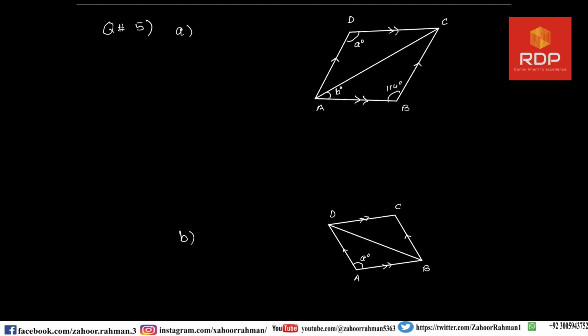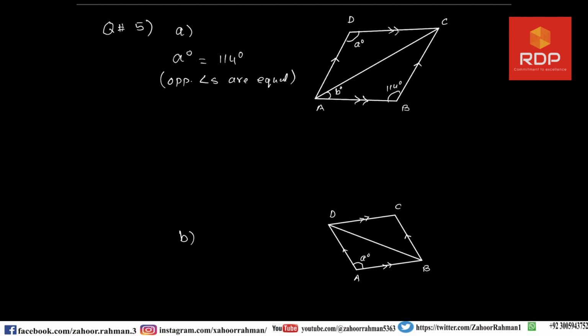Simply I am writing that a degrees is equal to 114 degrees, and that is because opposite angles are equal in a rhombus, as we studied.